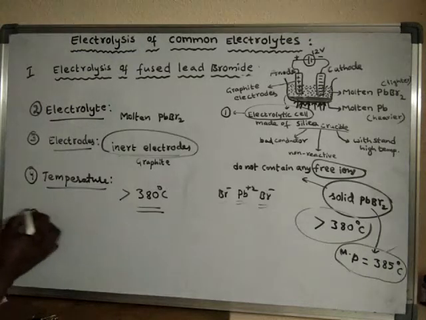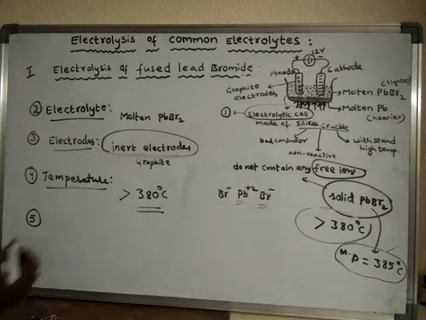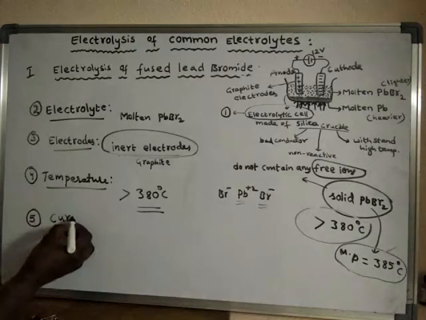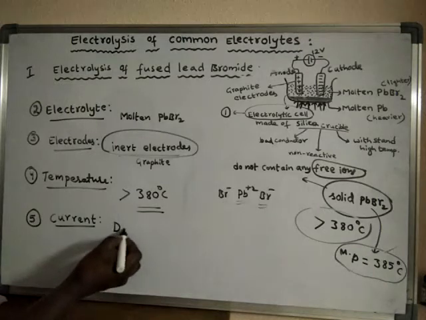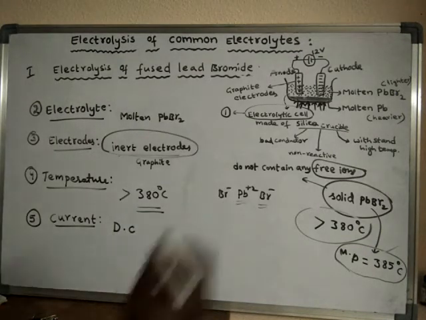Next, the fifth point is what type of current we have to use. Here the current we use is direct current, DC, through a battery.